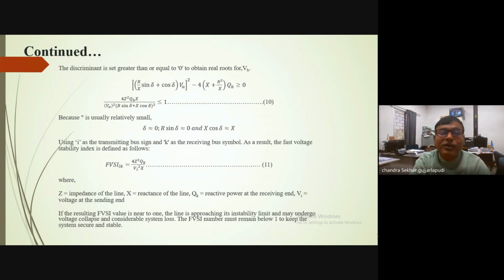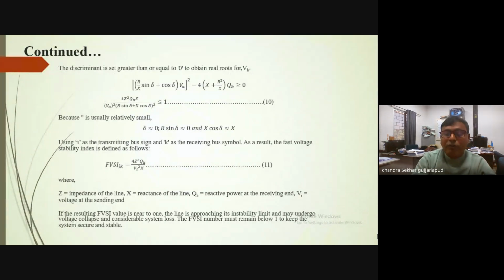Based on this value only, we can determine whether the connection of the SVC has some impact on the grid or not. So this FBSI value is near to 1. Okay, so the ideal value is less than 1. The ideal value as near as 0 will be better.